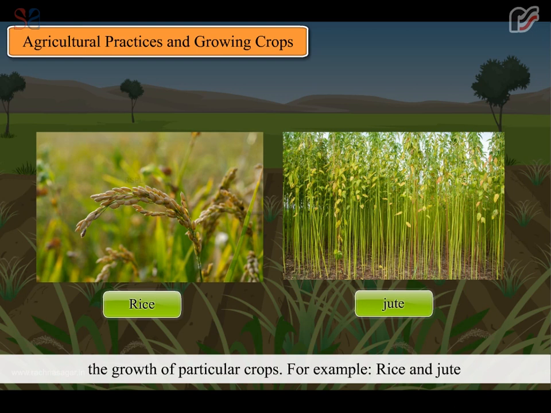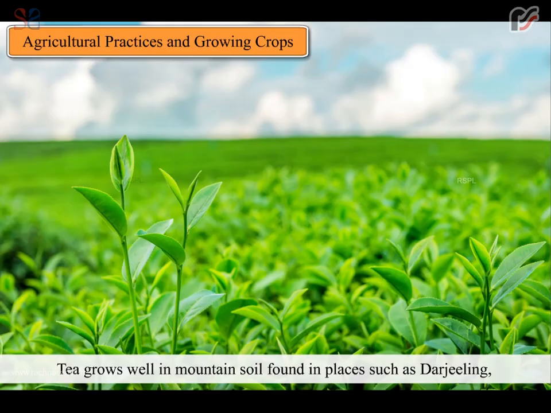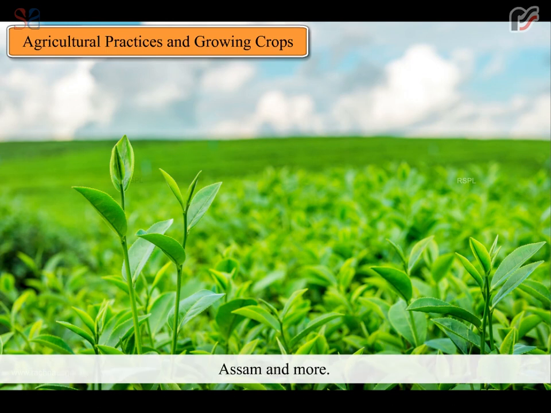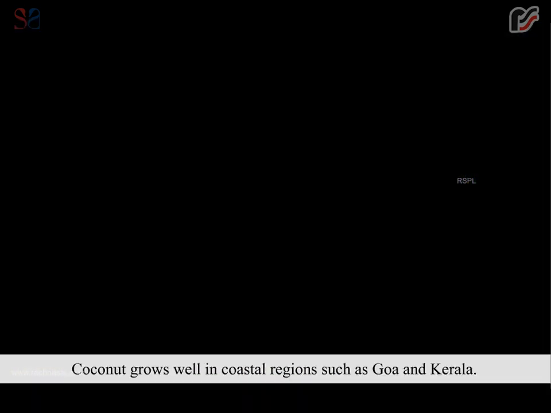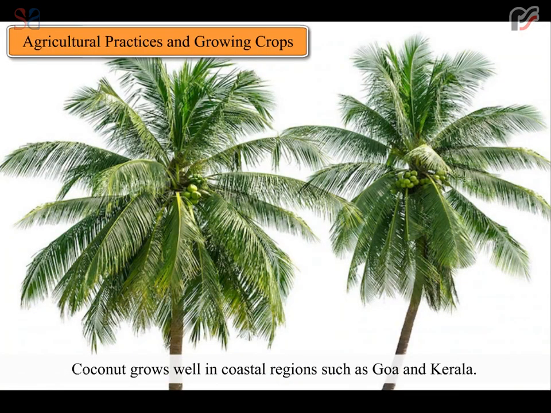For example, rice and jute grow well in clayey soil in Gujarat. Tea grows well in mountain soil found in places such as Darjeeling, Assam, and more. Coconut grows well in coastal regions such as Goa and Kerala.